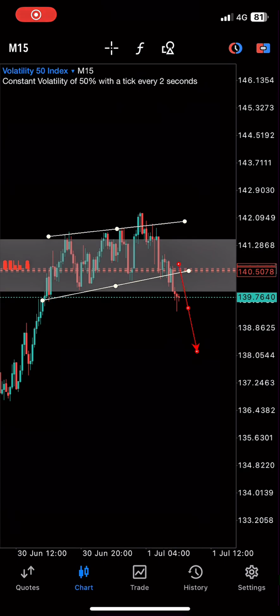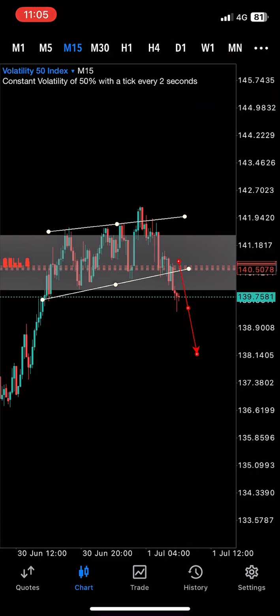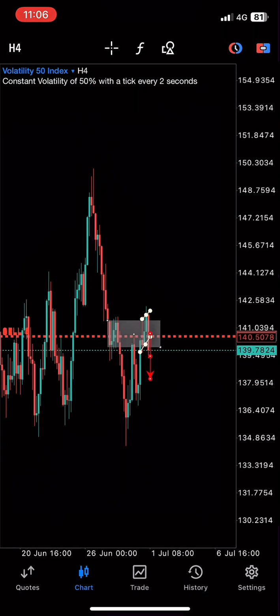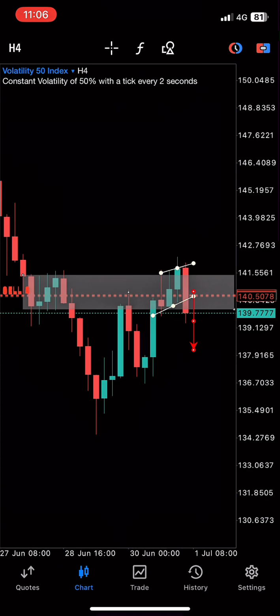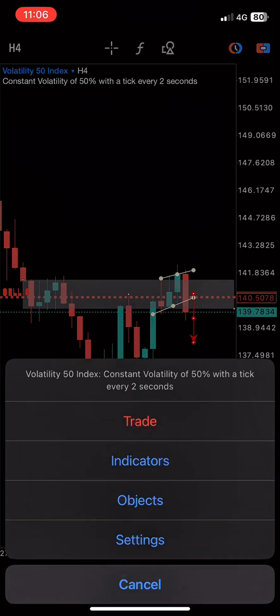So just after some minutes, we see that price has moved our direction, and I think price will keep going our direction and reach at the bottom tip of the arrow. So let's wait for it to keep moving.